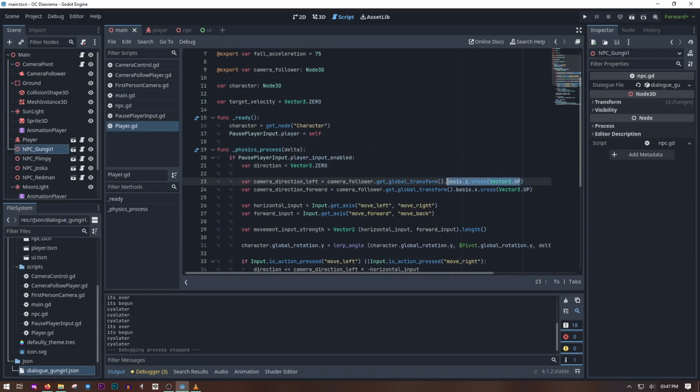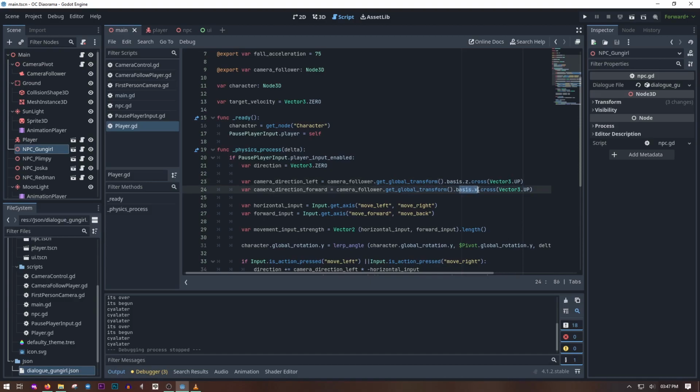Now I don't know what that means, but I can understand that we're defining a variable direction left, and it's getting the global transform of the node 3D, which is the camera pivot, and getting the z-axis and crossing it with the vector 3 up. Whatever that means, I don't know, but we're doing a different thing with the forward.